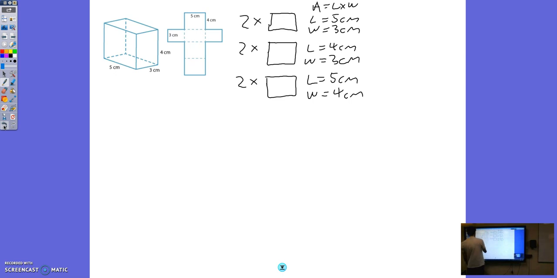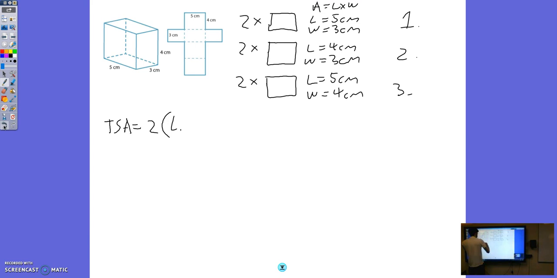Alright, now we simply have to write up our total surface area formula, which is going to be the length and width of each of these rectangles, and we have 2 of each. So what I'm going to do is 2 times our first rectangle length, so we'll call this number 1, number 2, number 3.